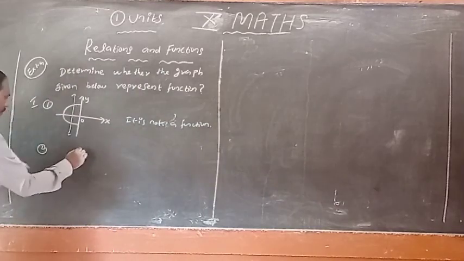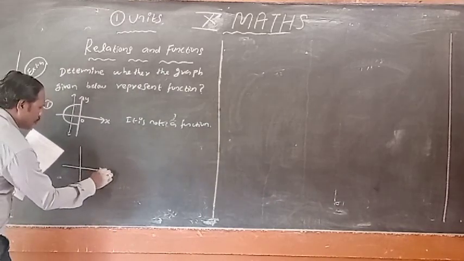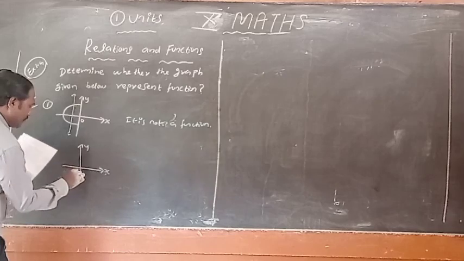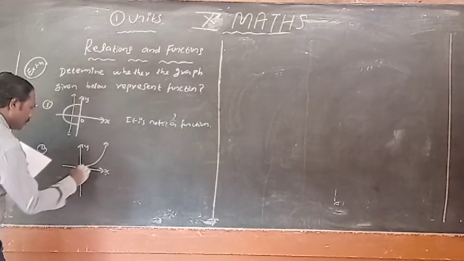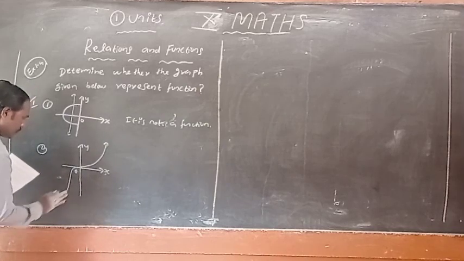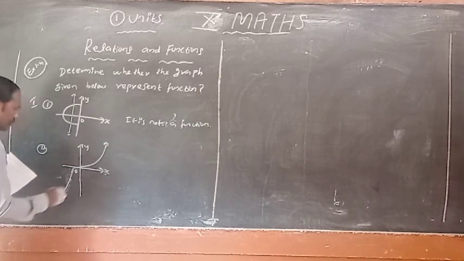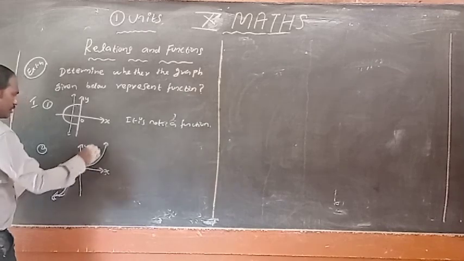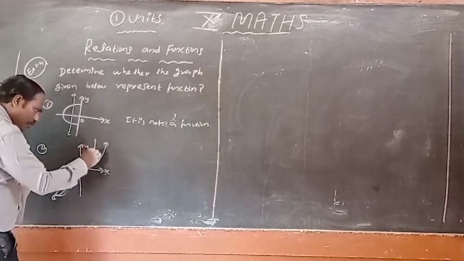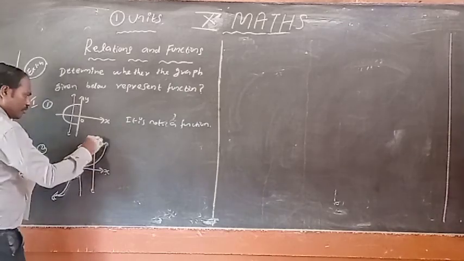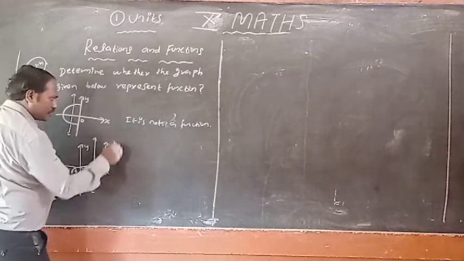Second one, according to the given data, a graph is given. Draw a line on the graph. You draw the one line, and the line cuts at only one place.